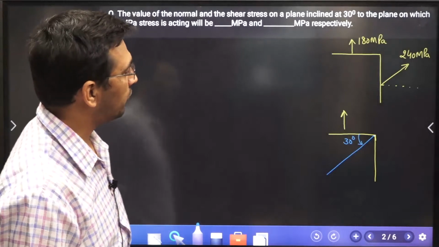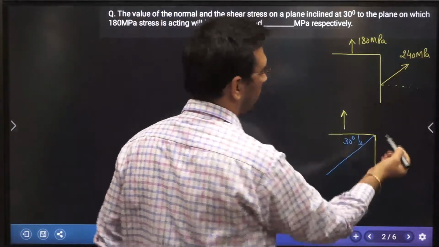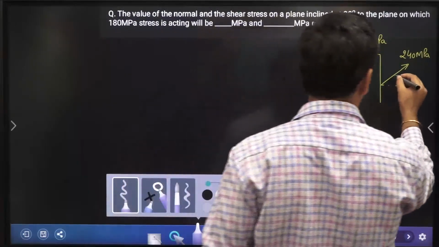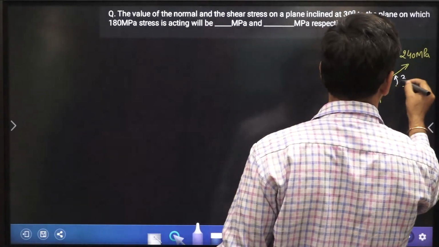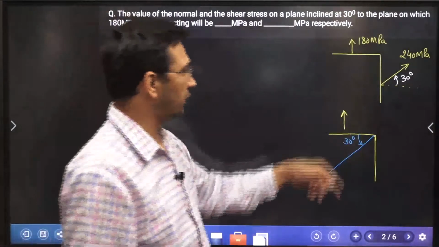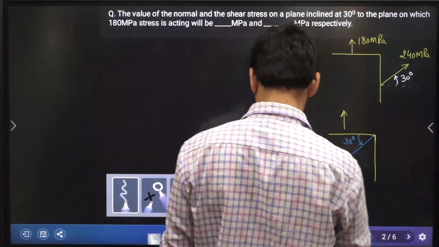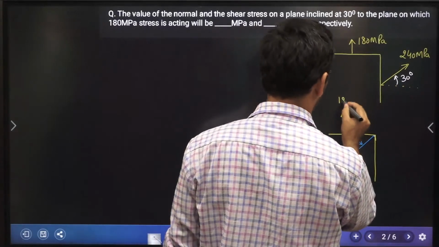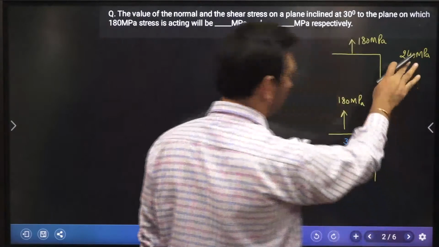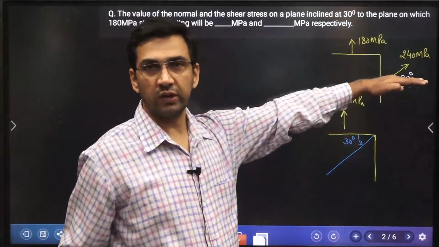So for that, first of all you need to simplify this, and over here he has given you the inclination of 30 degree also. So first of all you need to simplify this. Okay, you know the stress acting over here is 180 megapascal, and over here what I need to do, I can just take its horizontal and vertical component.